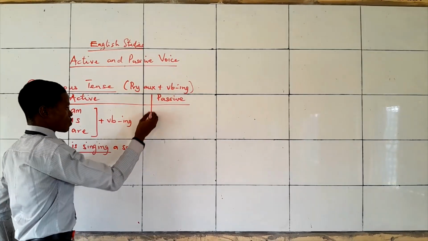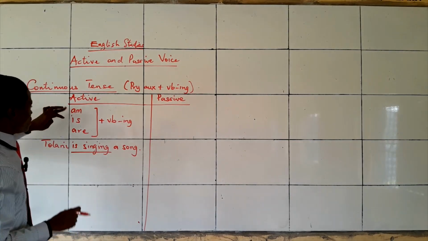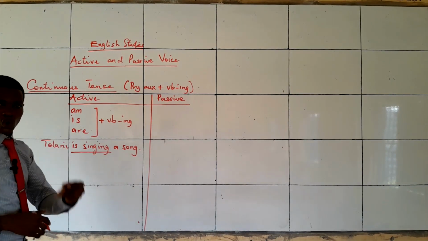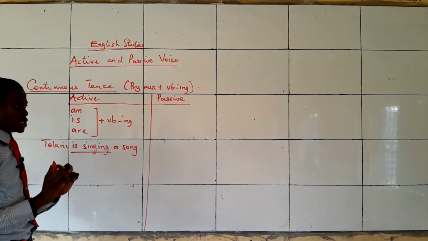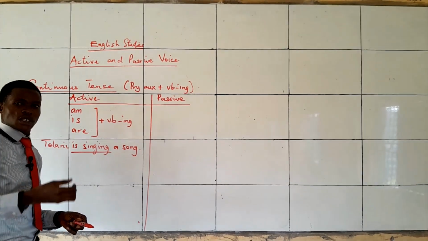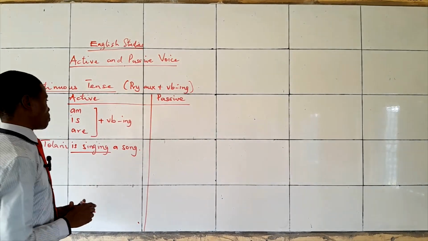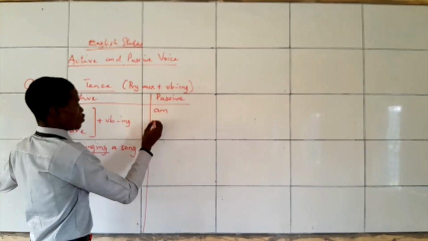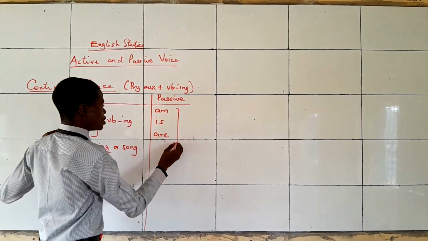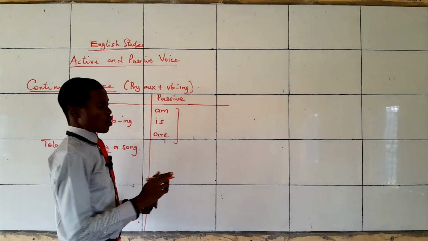We are going to bring that to the other angle here. If we have this as the active, how do we arrive at the passive? Do not make a mistake. It is very simple. What you just need to do is to invite what is known as the passive continuous auxiliary. Let's firstly have our auxiliaries again: am, is, are. To these three, we now have to include our passive auxiliary.